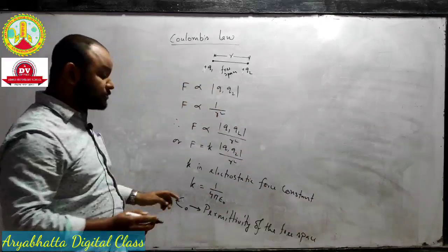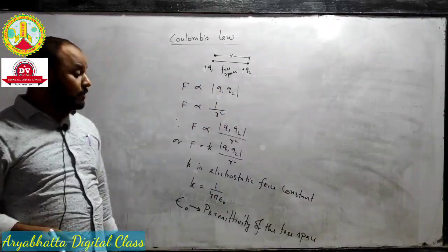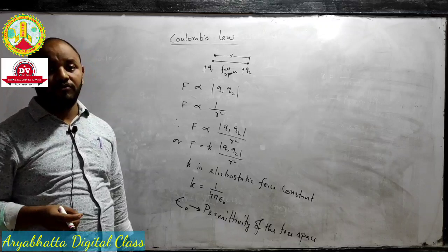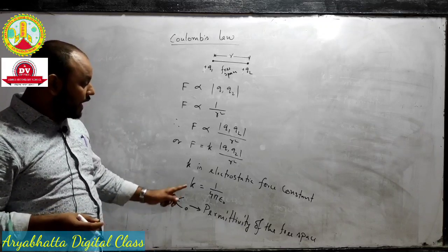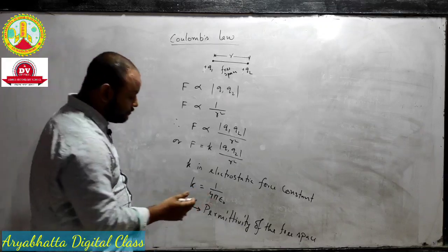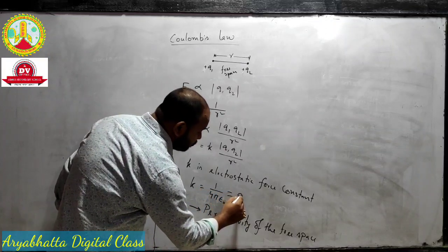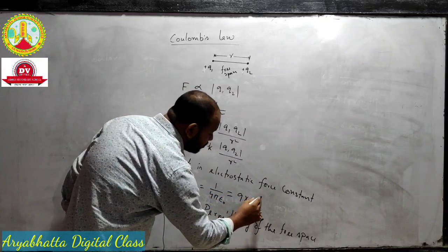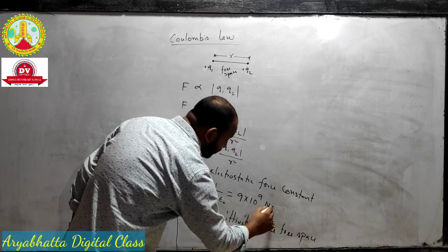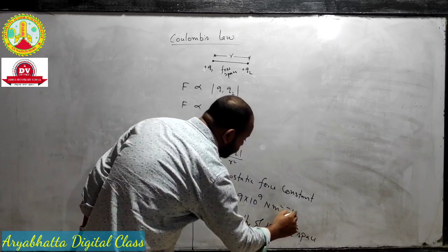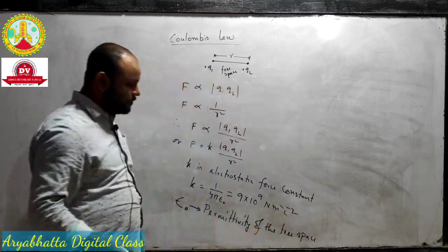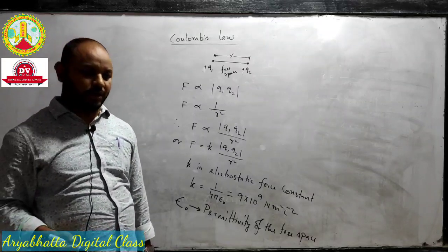Epsilon naught is known as the permittivity of free space. And the value of K is equal to 9 into 10 to the power 9 Newton meter square per Coulomb square.